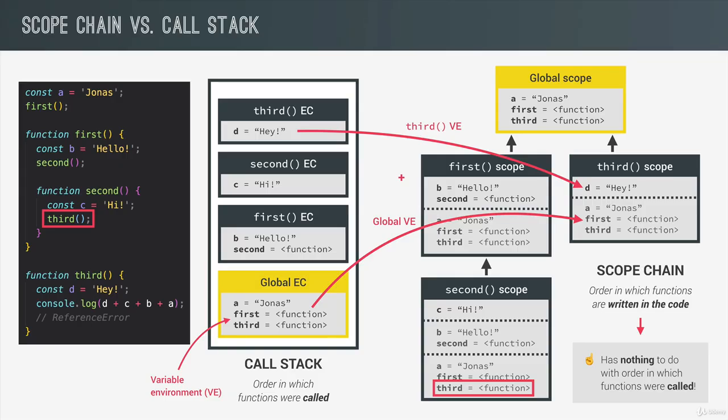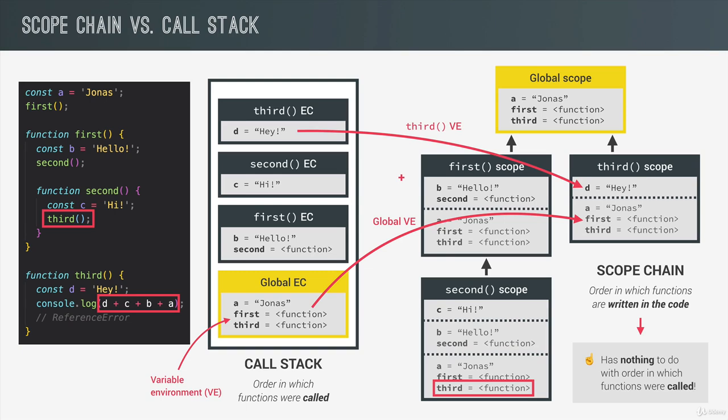Great, so what happens in this third function? Well, we're trying to access variables b, c, d, and a here. d is no problem because it's right there in the third function scope. So that one is easy. Then variable c is not in a local scope, and so JavaScript needs to do a variable lookup. So it looks up in the scope chain, looking for variable c, but it's not there.